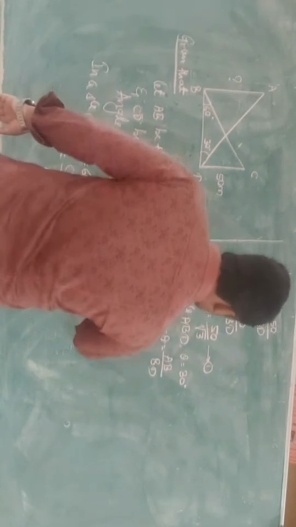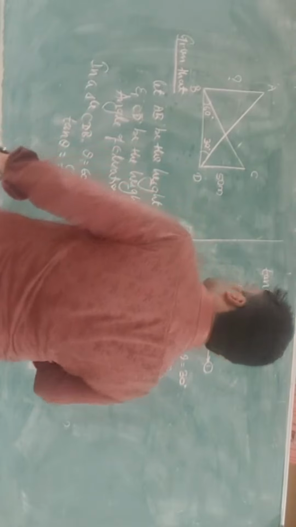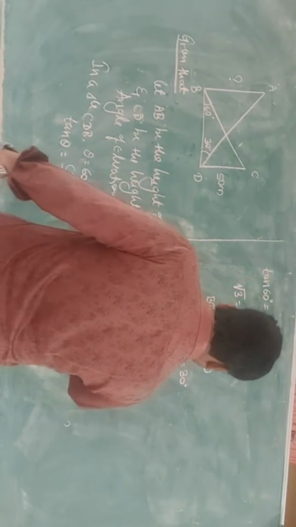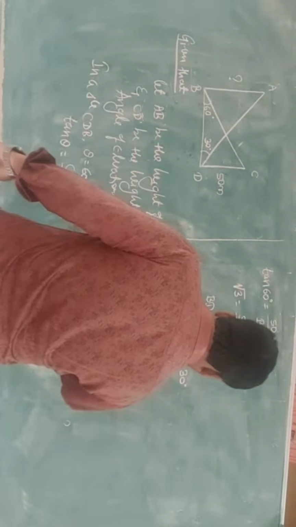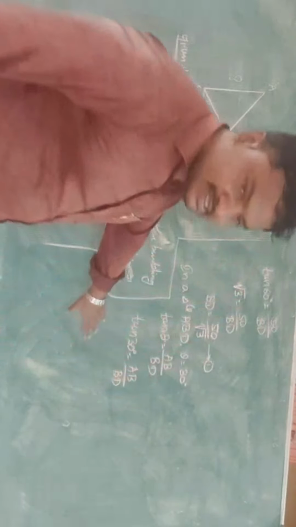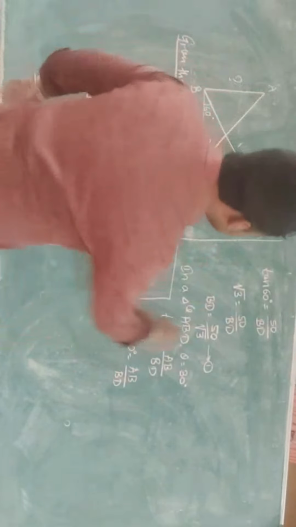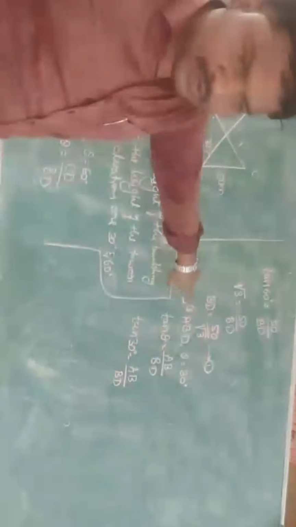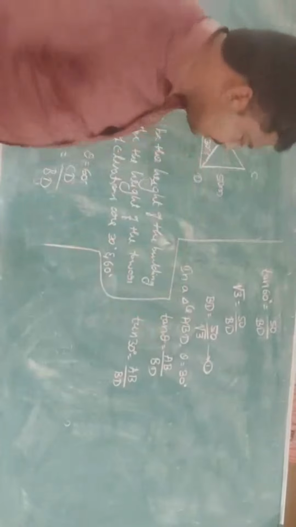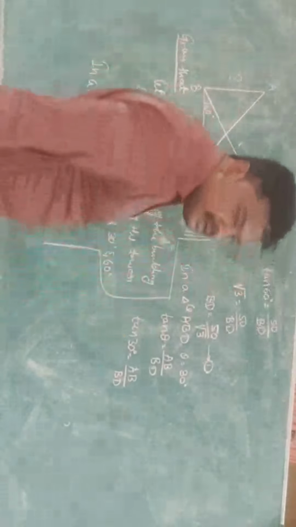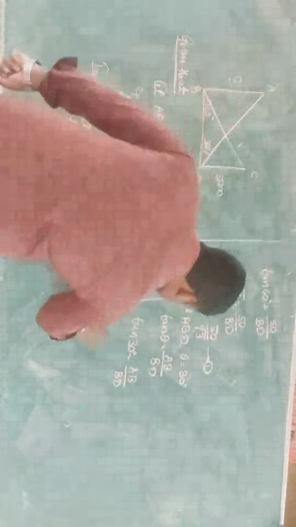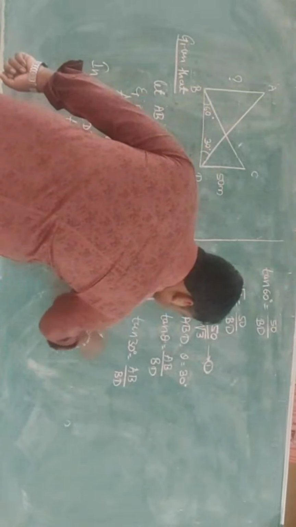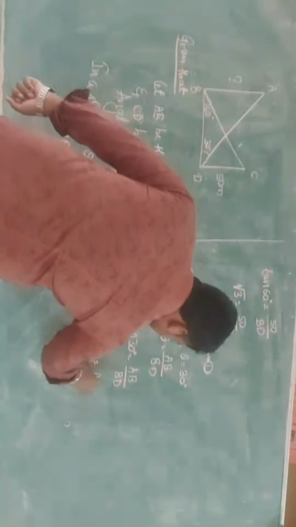So tan 30 degrees is equal to AB, we don't know, upon BD, we also don't know. Write as it is. BD we already named as equation number 1. So now tan 30 is 1 upon root 3, into BD is equal to AB.